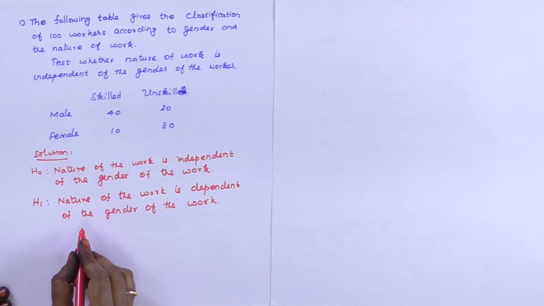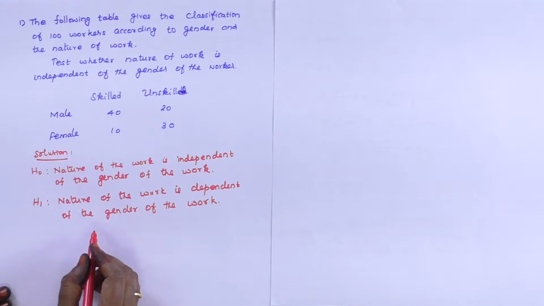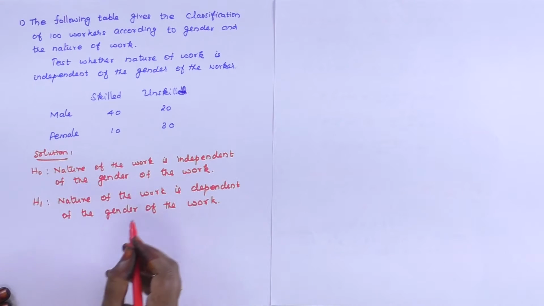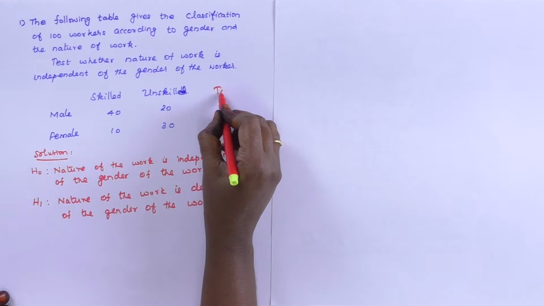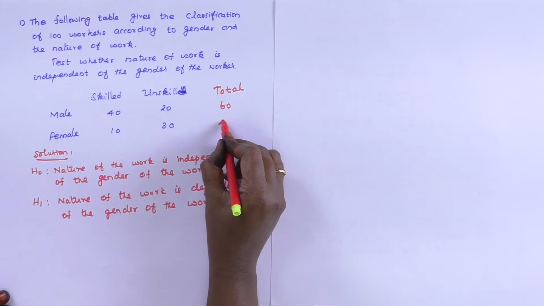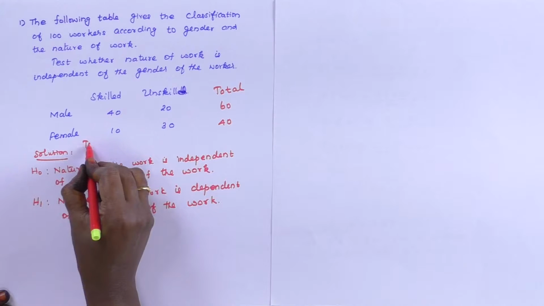Under H naught we want to calculate the expected frequency. Before that we calculate the row-wise totals and column-wise totals.